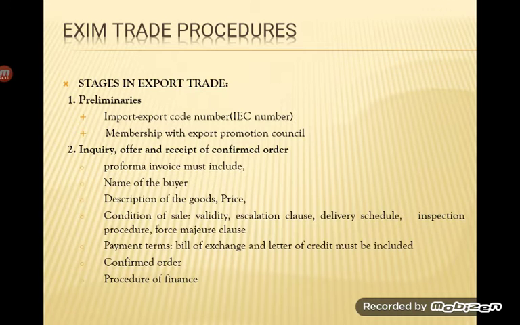Suppose an importer from another part of the world or any country is willing to import any commodity; when they search for prospective exporters for whatever goods they require, they have to send an inquiry to the exporter regarding their interest in importing certain commodities. Once the exporter gets the inquiry, they have to submit an offer. The offer is the proposal submitted by the exporter expressing his intention to export the commodity that the importer is willing to import.